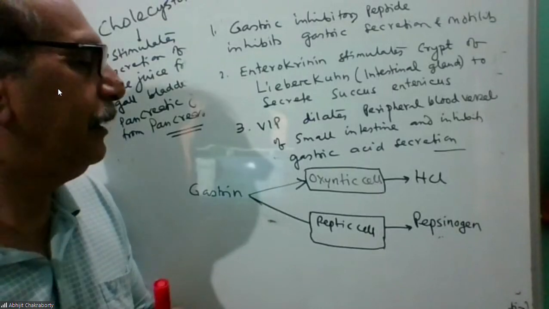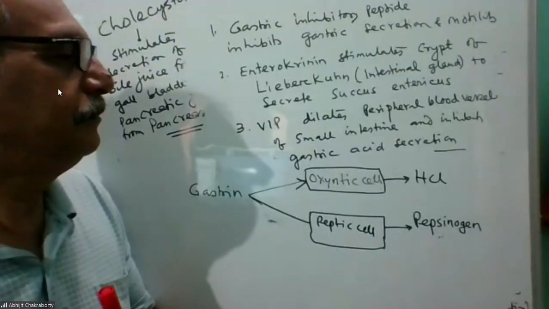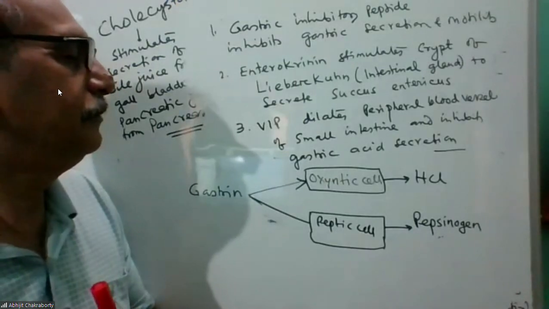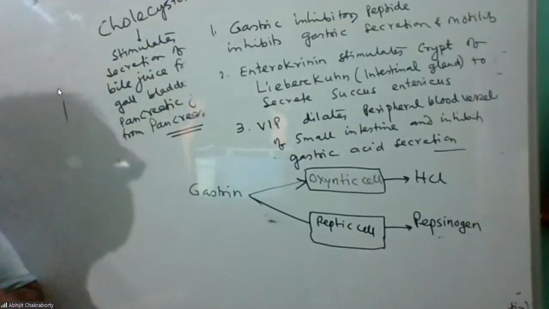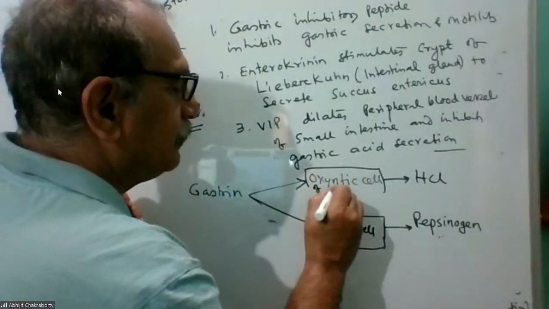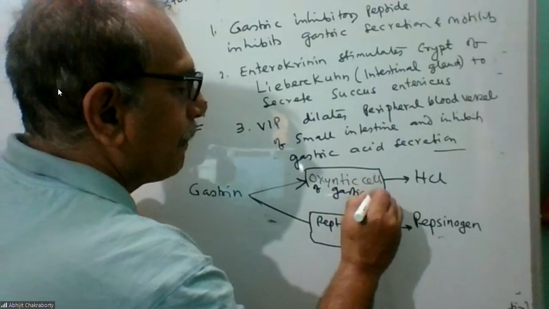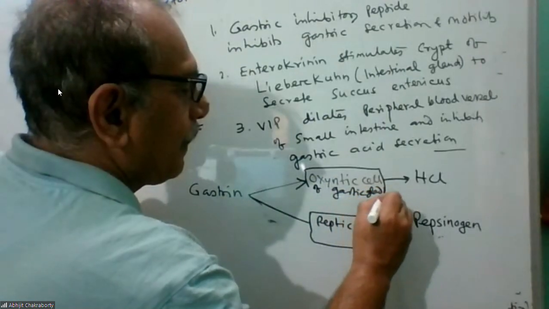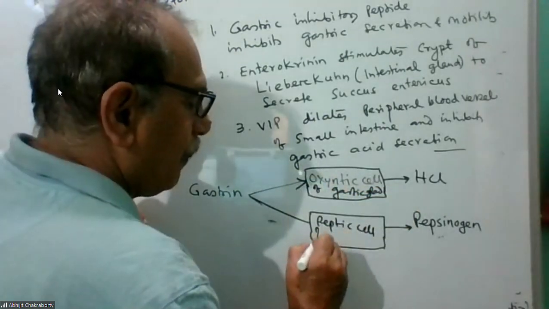Is it clear to everybody? This is the role of gastrin, oxyntic cell of gastric gland.